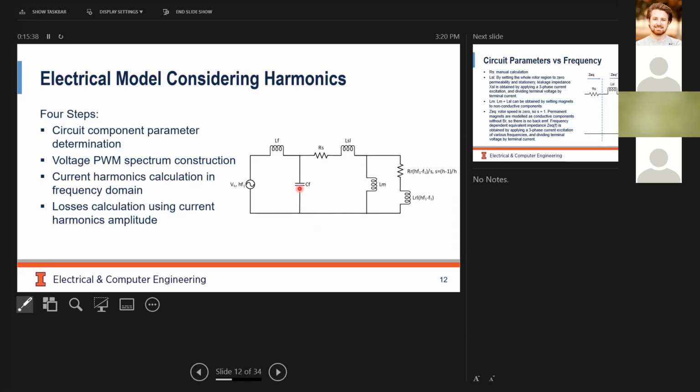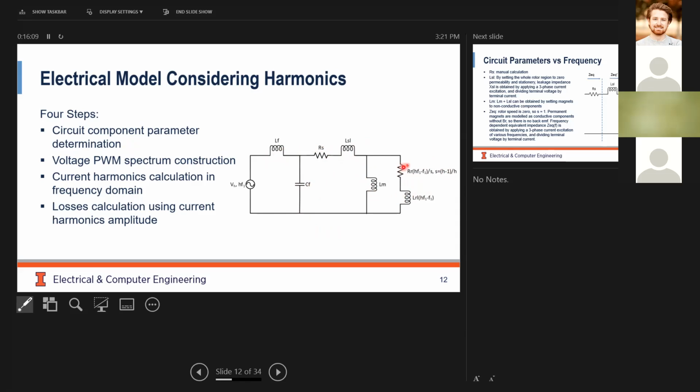So how do we solve this circuit? First, we need to determine all the parameters in this circuit, like all the inductances, resistances, and capacitances. The filter inductor and capacitor are fixed parameters, right?